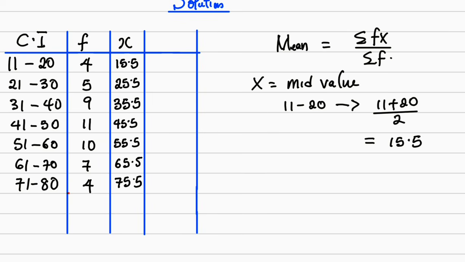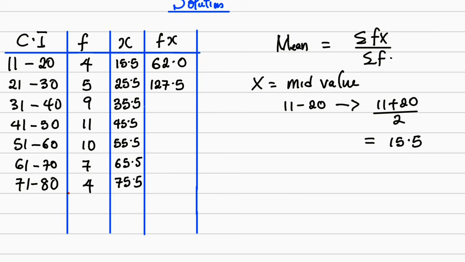Then the next column will be my fx. Now fx simply means the frequency times the mid value for each of the class intervals. The first one will be 4 times 15.5, which gives us 62.0. The next one is 127.5.